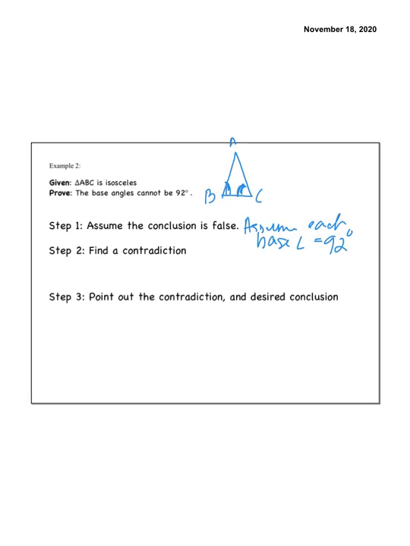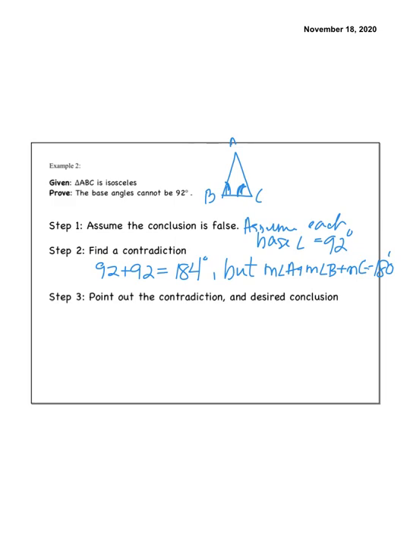So if we add 92 plus 92, we get 184 degrees. And that is a contradiction because the sum of the three angles is supposed to be 180. The measure of angle A plus the measure of angle B plus the measure of angle C is supposed to equal 180 degrees.